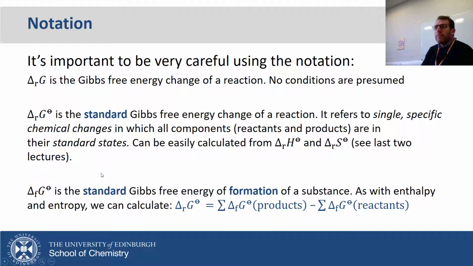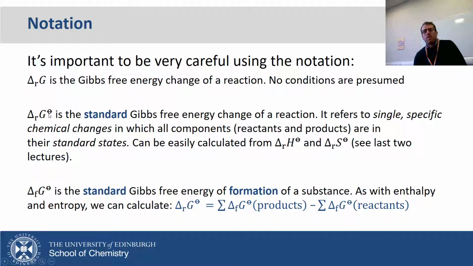And this is where it's very important to be careful using the notation. We have said that our general consideration about spontaneity is delta G. If delta G is negative, then the reaction will be spontaneous. But this does not presume any conditions. So you need to be careful when doing these calculations, because most often we have standard values.